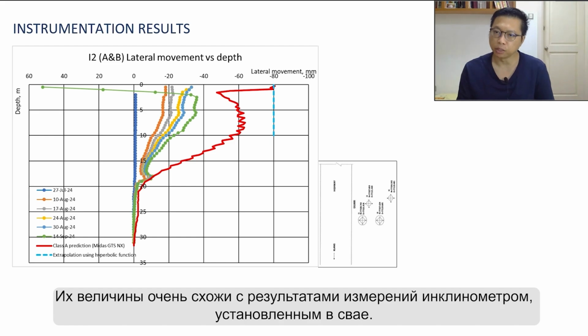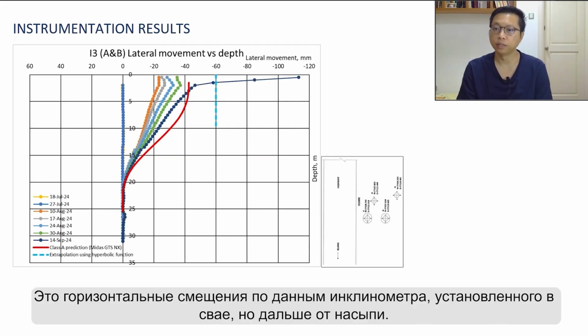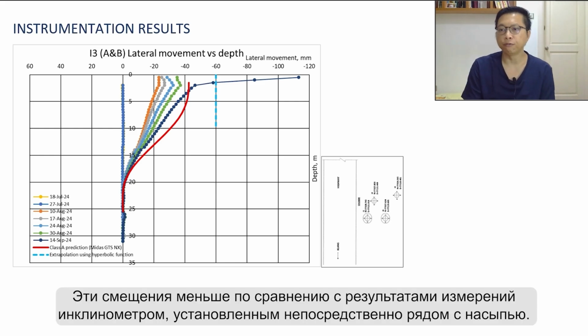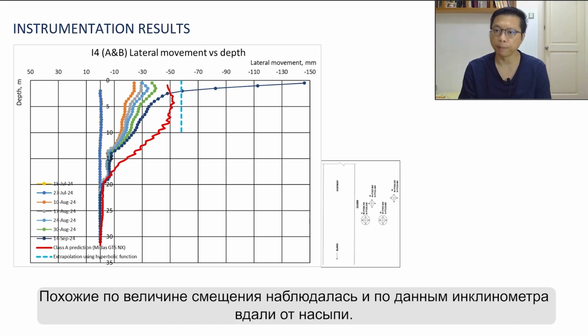The magnitude is very similar to the inclinometer installed in the pile. This is the deflection of the inclinometer installed in the piles but further away. The deflection is smaller as compared to the inclinometer installed just next to the embankment. Similar magnitude of deflection was observed in the inclinometer away from the embankment.